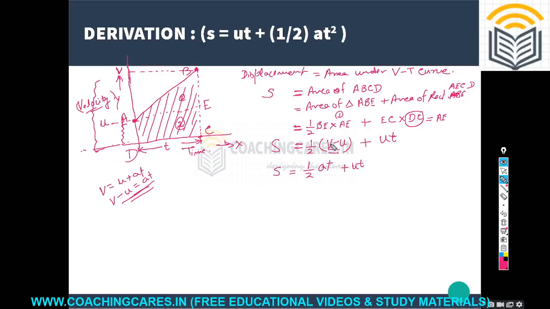So we can put this value of V minus U is equal to AT. So S is equal to UT. I mean, we wrote this BE is V minus U, and AE is nothing but T. We forgot to write it.